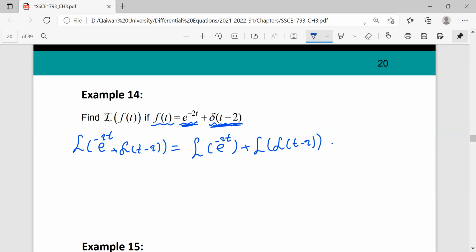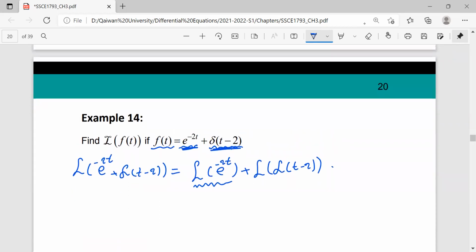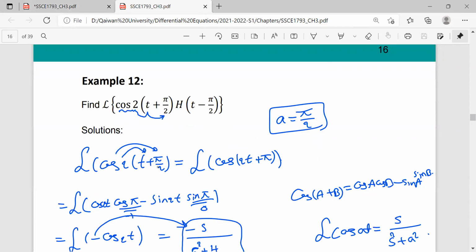Here we say the Laplace transform of e to the power minus 2t equals 1 over s minus a. Let's return to the beginning of the chapter.